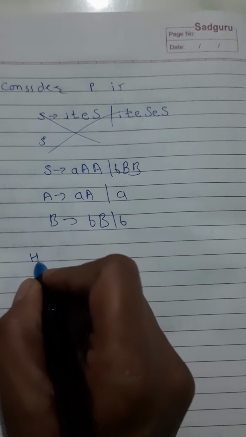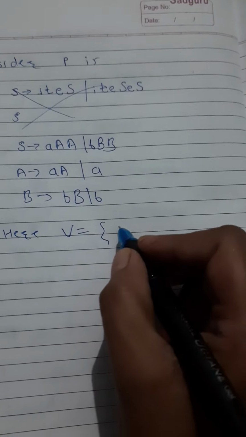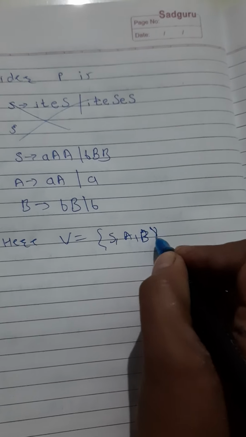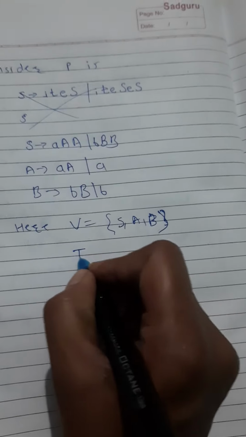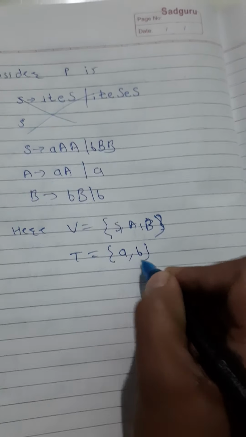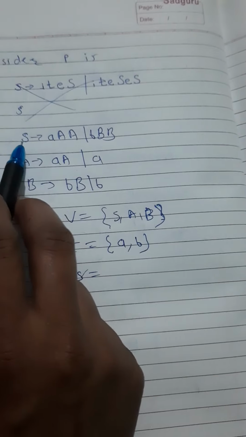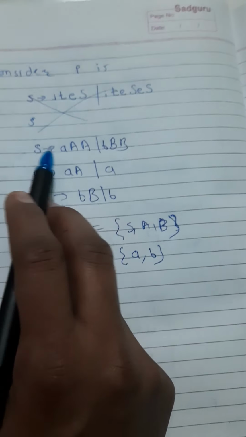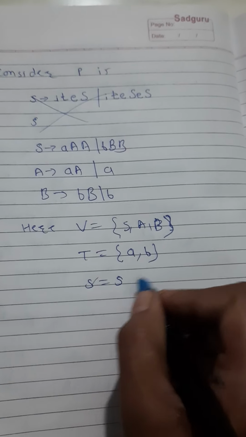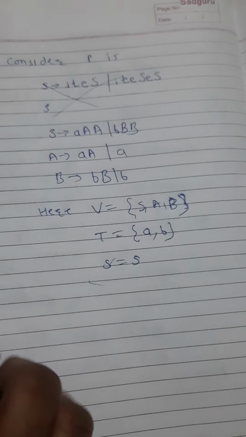So here V is equal to non-terminal symbols S, A, B, then terminal symbols lowercase a, b, then the starting symbol. The first rule is this one and the LHS symbol is S. So the starting symbol is S only. So here the 3 tuples we have defined.